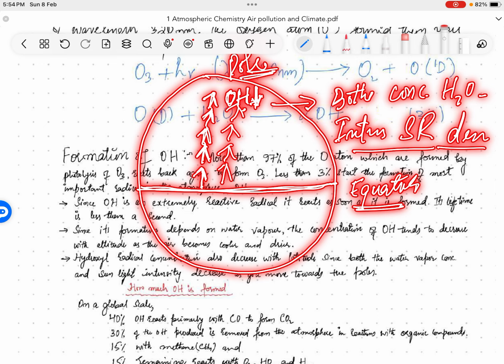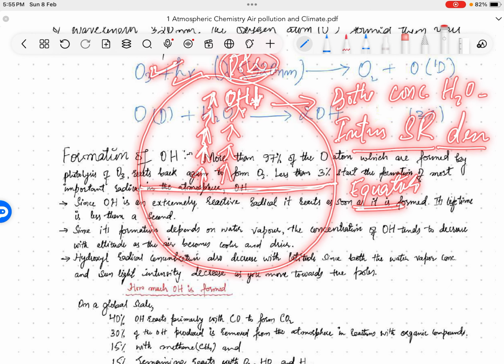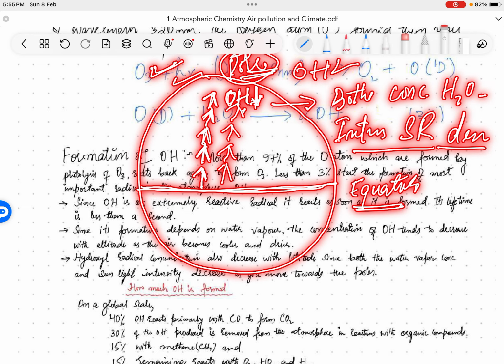So, due to the lower intensity of solar radiation and drier conditions, such as less water vapor present in the atmosphere of the pole, the concentration of OH radical will be less.